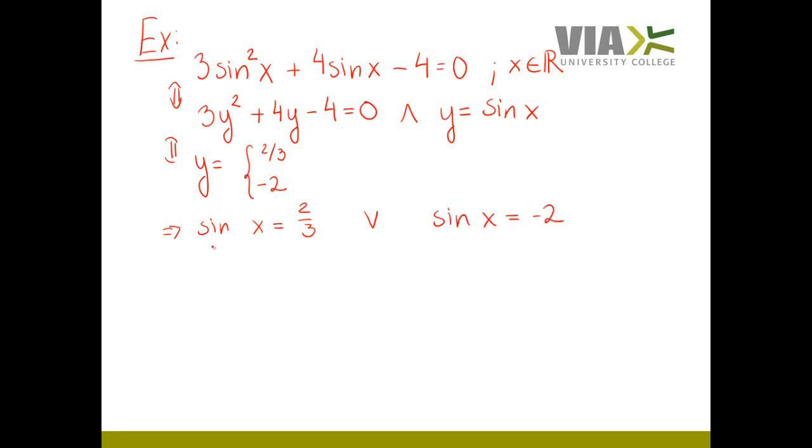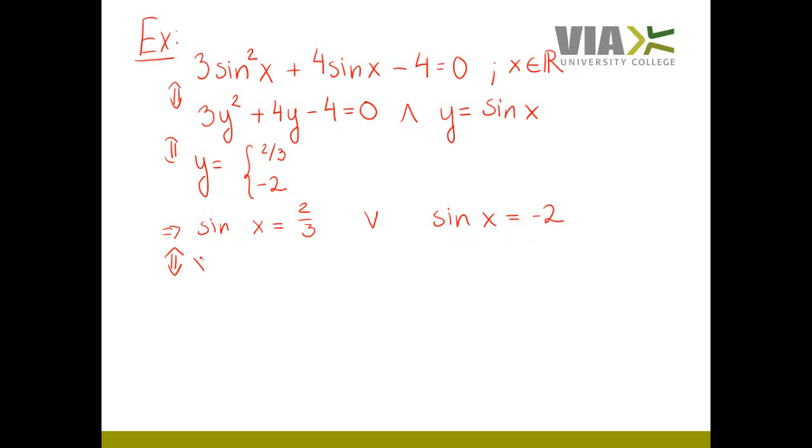And now you see, based on all these operations, I have reached two trigonometric basic equations which I know how to solve. So we solve them side by side. We'll take the first one. Sine x equals 2 over 3.